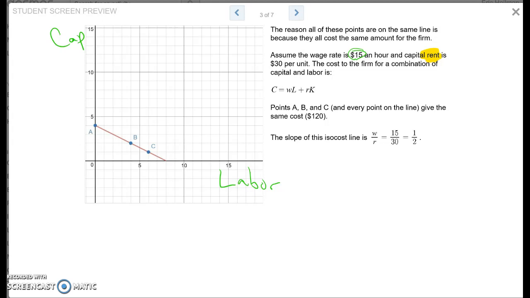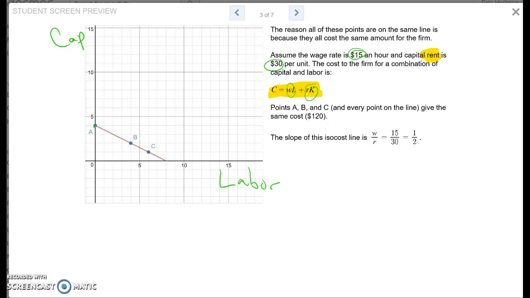Okay, so for a company that only uses 2 inputs, their total cost is the wage rate, W, times the number of hours of labor, and then whatever the rent is for machines times the amount of machines you have, K. So if rent is $30 and the wage rate is 15, you just plug in.